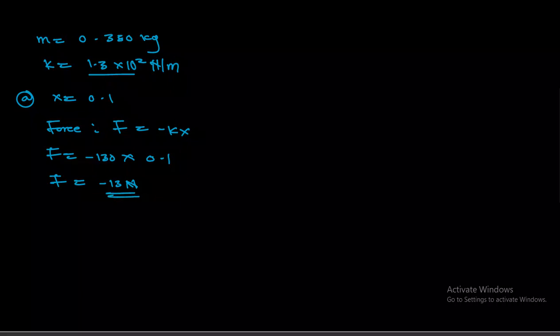This is the force. Now how about the acceleration? The formula we are going to use is force equals mass times acceleration. We divide by mass on both sides and cancel, so acceleration is equal to force over mass. This is coming from Newton's second law of motion.